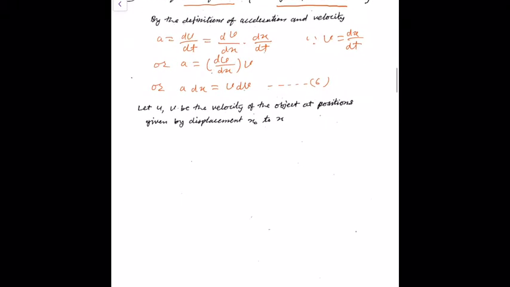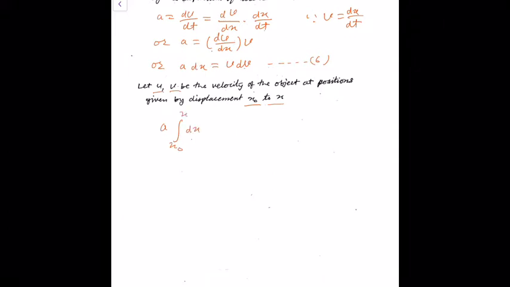Let u and v be the velocity of the object at position given by the displacement x naught to x. Integrating the equation 6 within the condition of motion, we have a integral from x naught to x of dx is equal to integral from u to v of v dv.